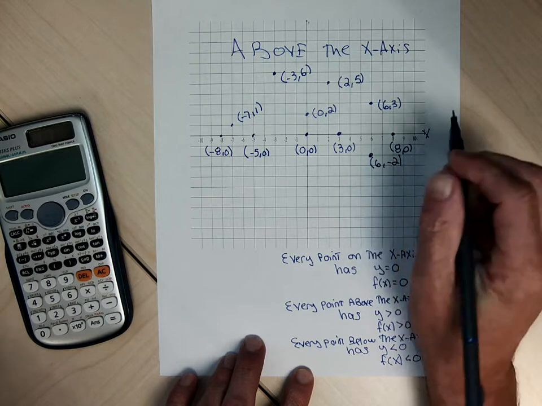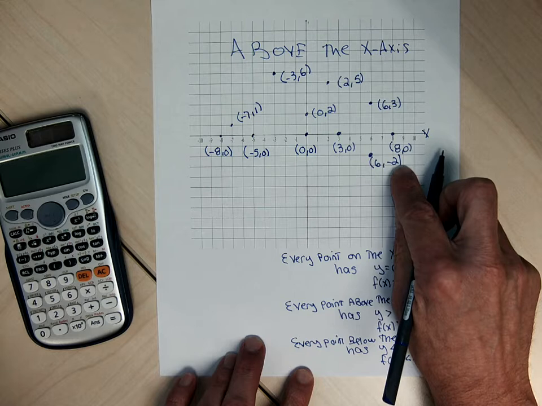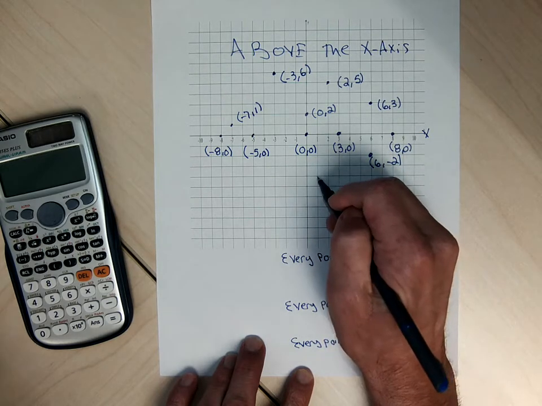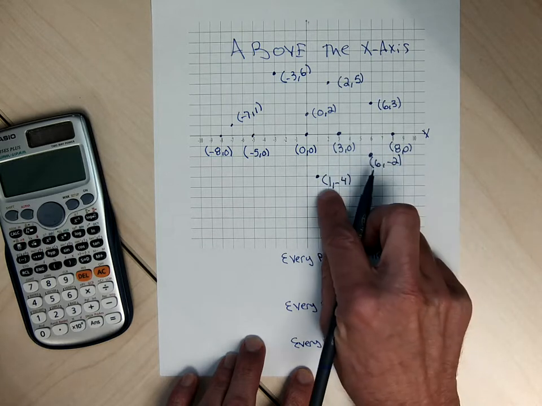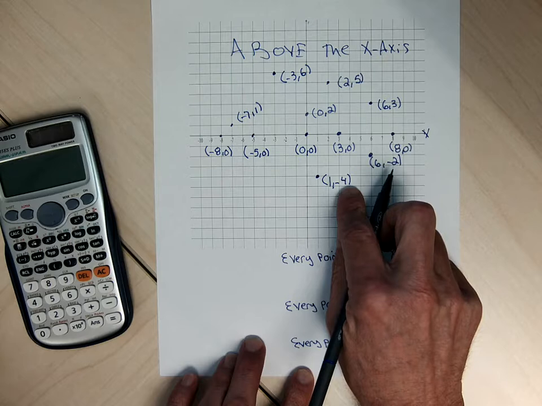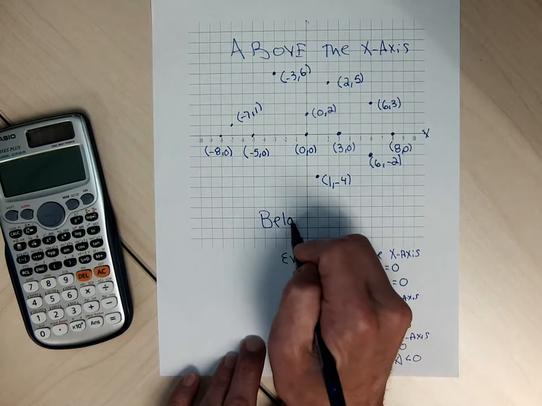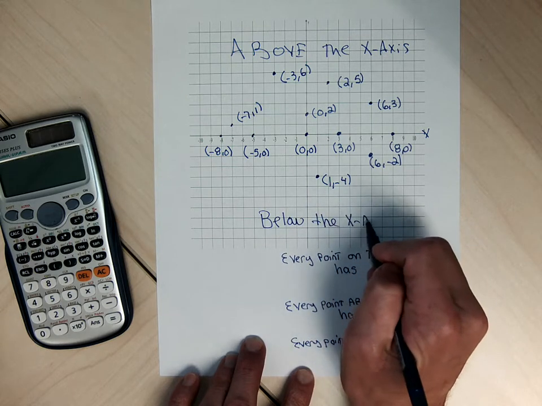I look at the x, it's positive. It doesn't impact whether the y is positive or negative or 0. Here the y is less than 0 because it's negative. Similarly, maybe the point (1, -4). Even though the x is positive, that doesn't impact whether the y is positive or negative. Because these points that I'm plotting now are beneath the x-axis, their y's are guaranteed to be negative.